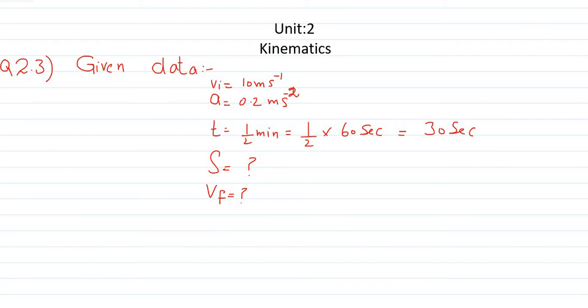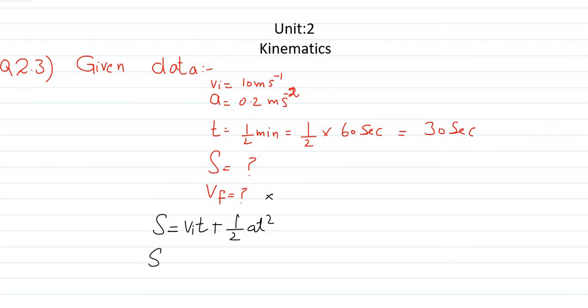There are three equations of motion, and the equation that involves these four quantities, because we have to find vf, so we do not consider it, is the second equation of motion: s is equal to vit plus half at square.